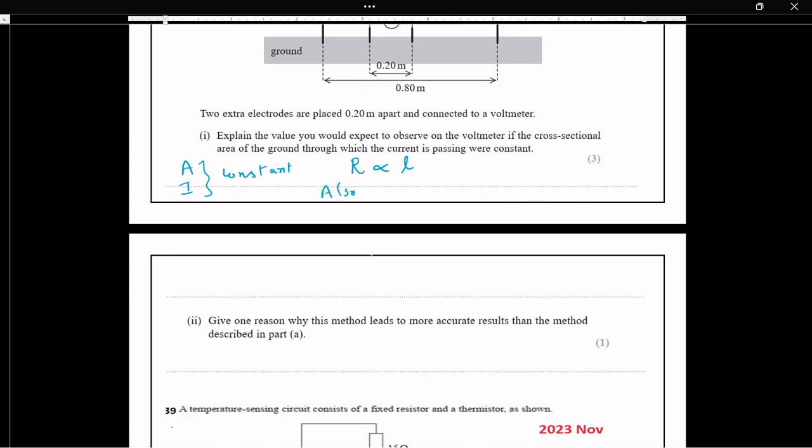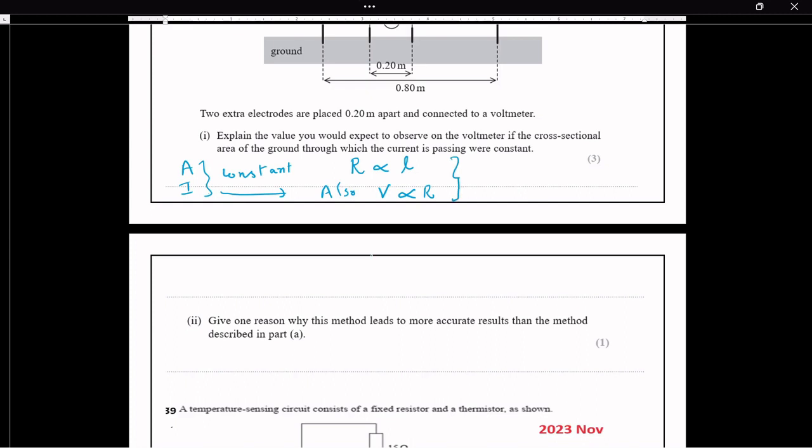we can say that the voltage is proportional to the resistance, because when I is constant, voltage and R are directly proportional. V is equal to I times R. And also we know that as the length increases, the resistance is increasing.